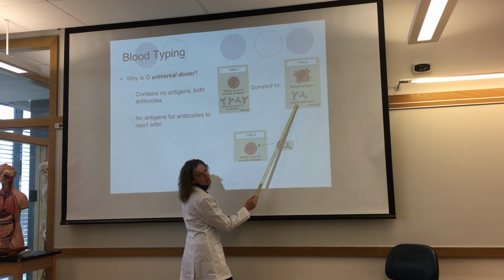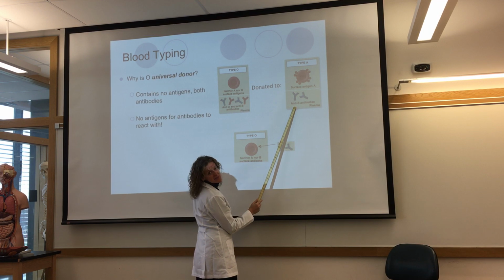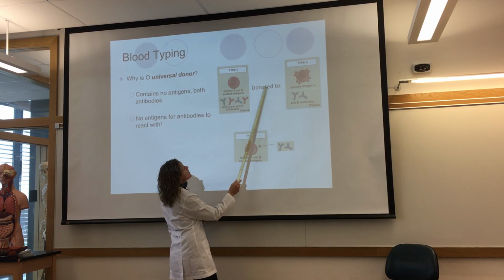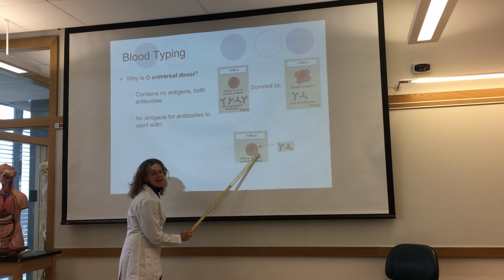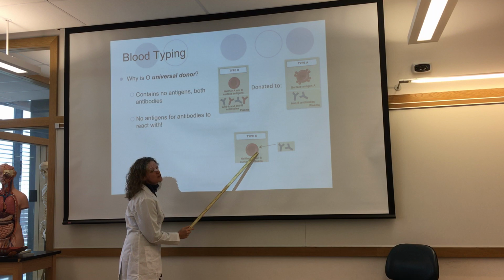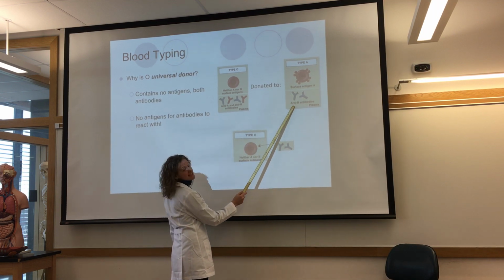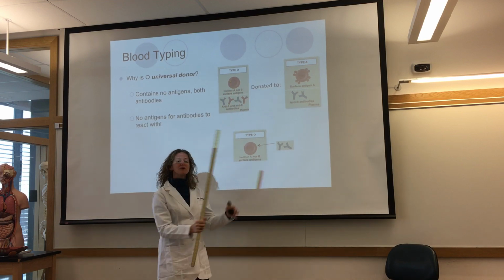Type A has some anti-B antibodies. But let's say these anti-B antibodies want to try to attach to an antigen. There's none to attach to. So type O is a universal donor because even if this one has some antibodies, there's nothing for it to attach to. So there's no agglutination.